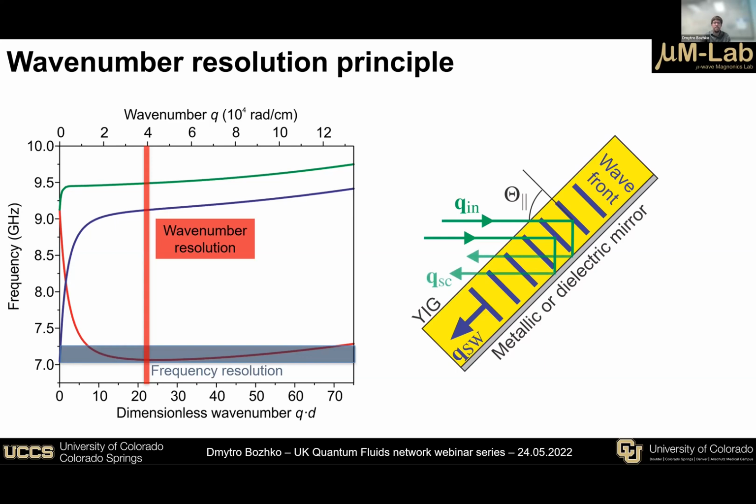In that way, if our scattering light only reverses the in-plane component of its wave vector, the other component is reversed by the mirror placed under the sample, and thus the scattered light goes backwards in the same direction as the incoming probing light. So the wave vector of the spin wave in such a case is coupled to the wave vector of the laser and the angle of incidence.